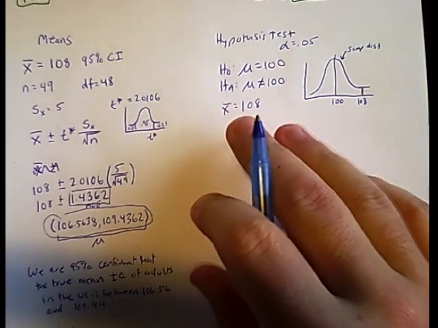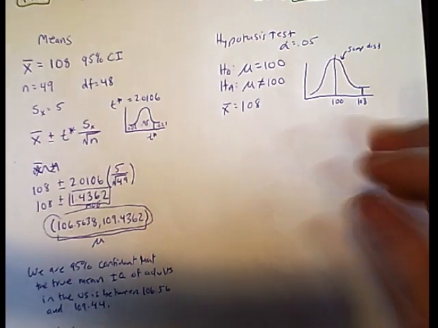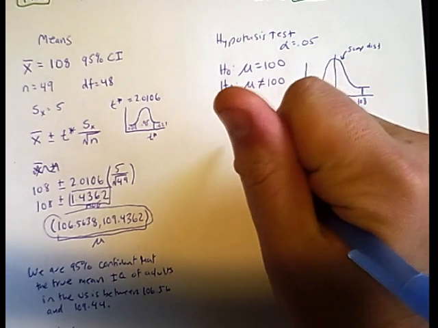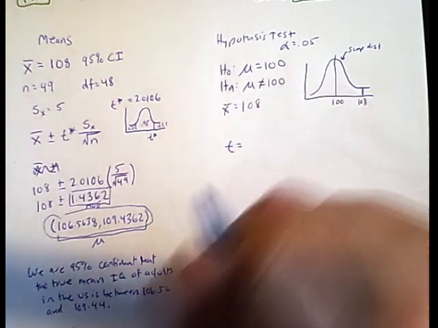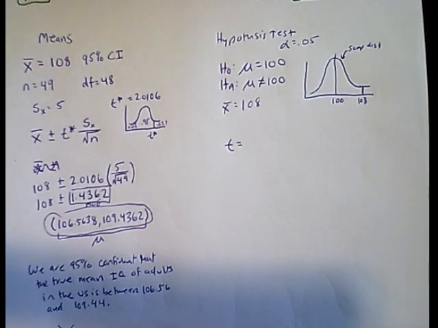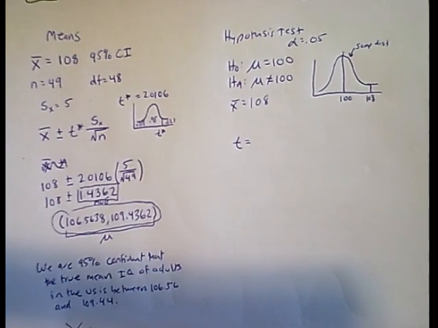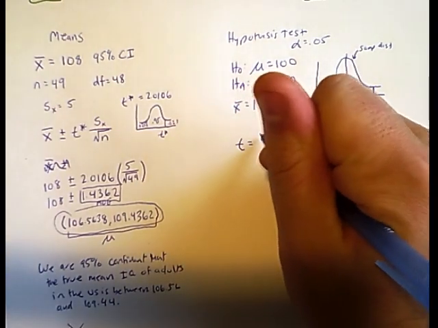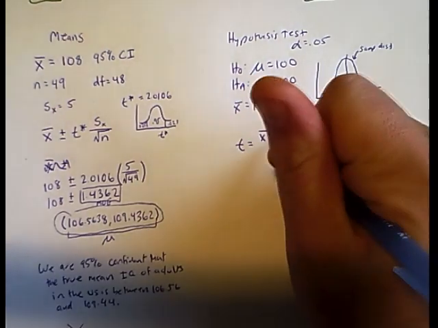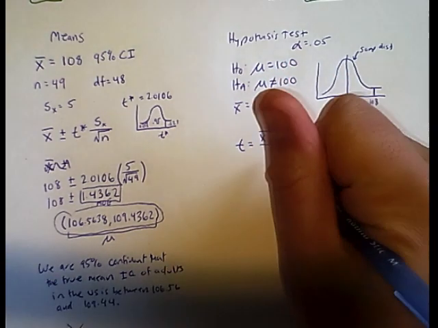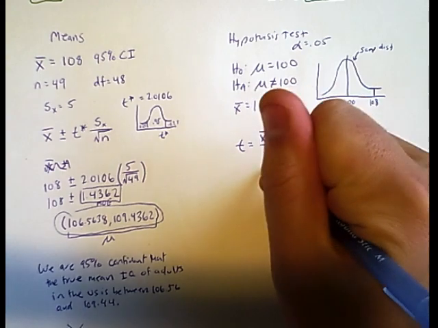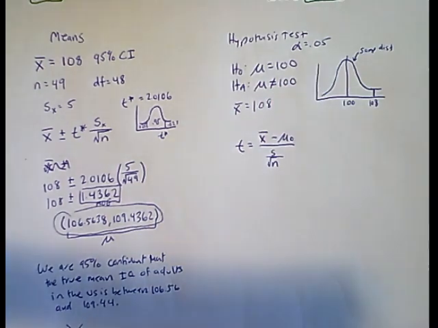And again, let's assume all of our conditions are met, and let's just go to calculations. So when we go to calculations here, we have to find the test statistic, or the t-value. Okay, so how do we find the t-value? We take the sample statistic minus the hypothesized parameter, and we divide it by the standard error. Okay.